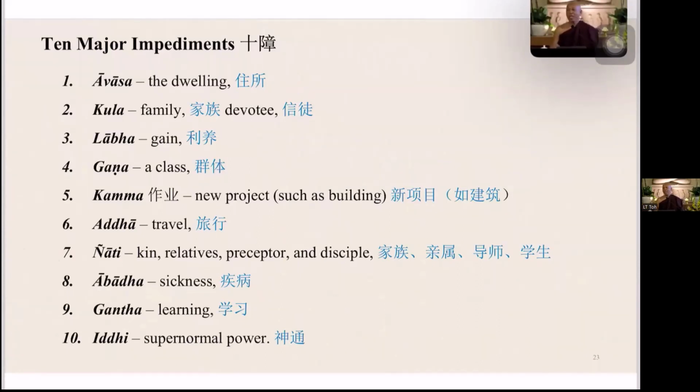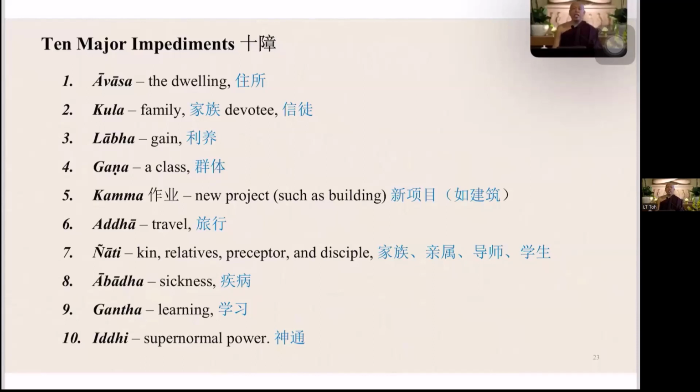You need this furniture, that furniture, this instrument, that instrument, right? You'll be busy for your new house. If you live in a very old house, leaking, spoiling, you have to repair, renovate. You will be very busy. It becomes an impediment.